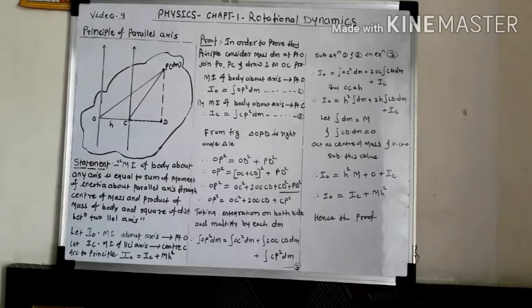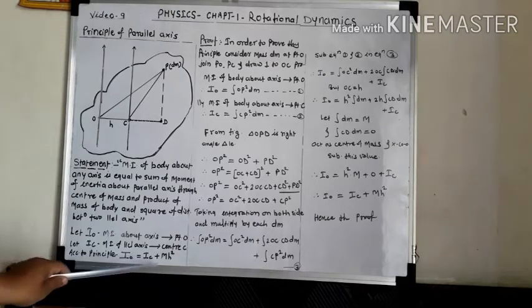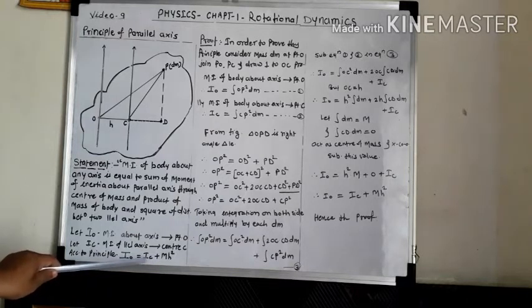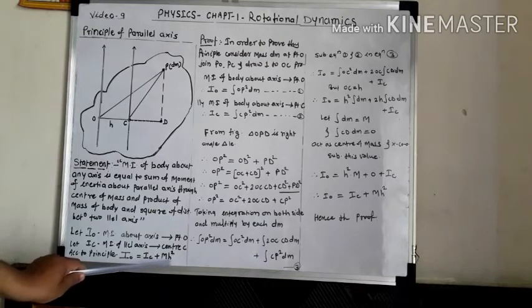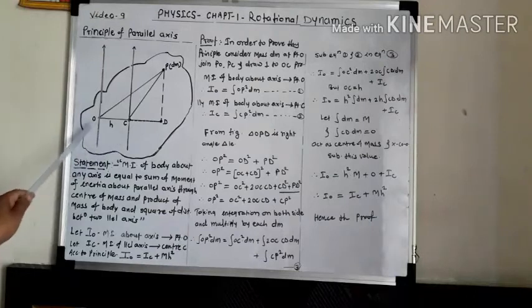From this we can also state the principle of parallel axis. From this mathematical statement we can state that the moment of inertia of the body about an axis passing through the point O, about any point, is equal to the sum of the moment of inertia about a parallel axis passing through the center of mass and the product of mass and square of distance between two parallel axes.